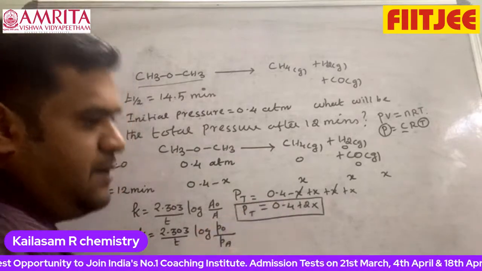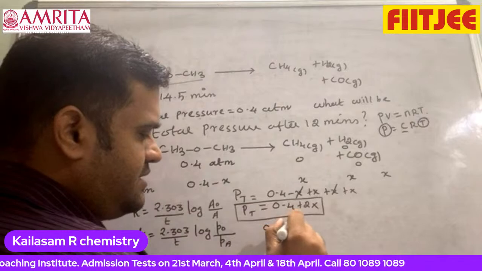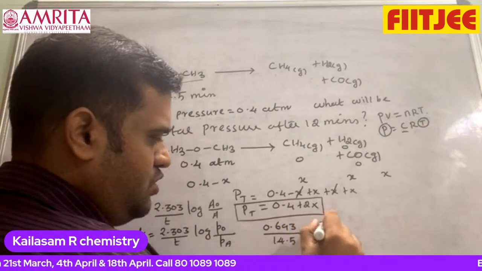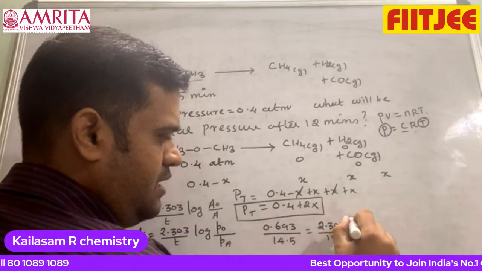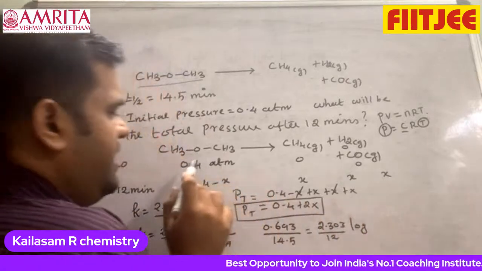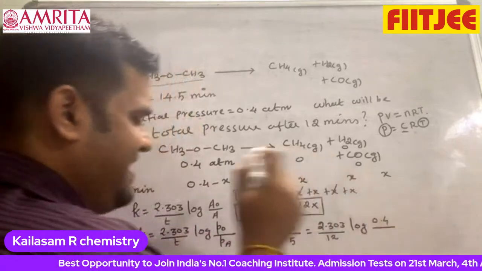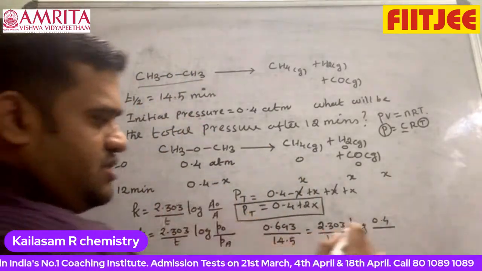That means I can write k is equal to 0.693 by t half, which is 14.5, equal to 2.303 by 12 log of initial pressure, which is 0.4, at 12 minutes. PA will be 0.4 minus x.